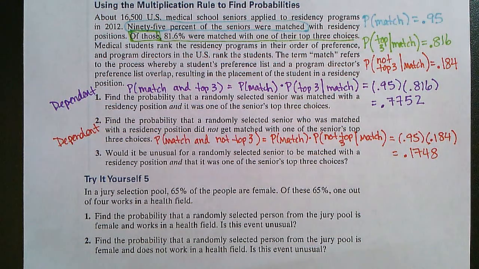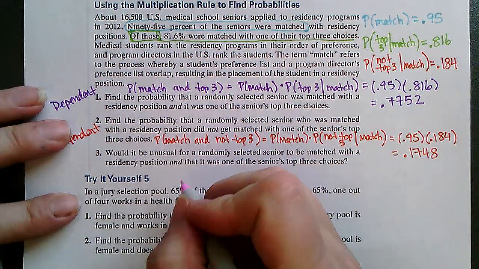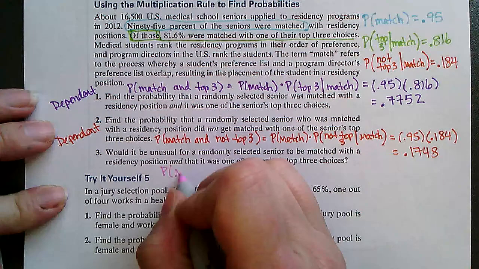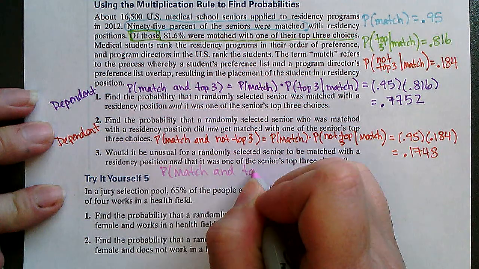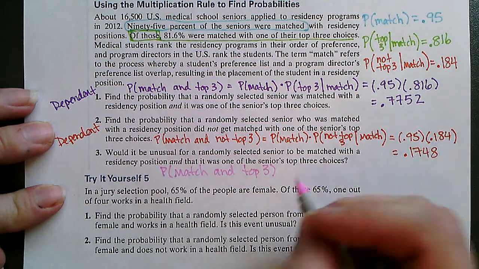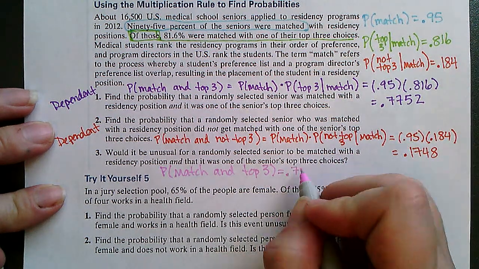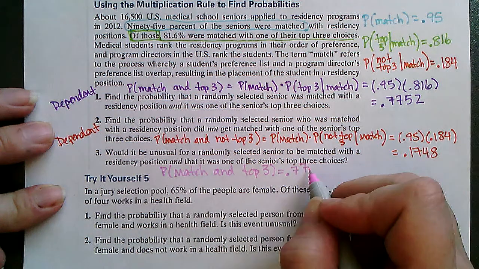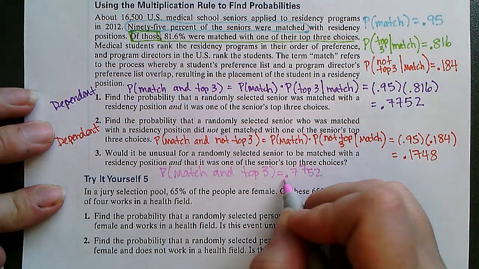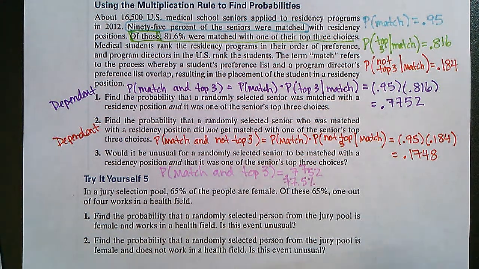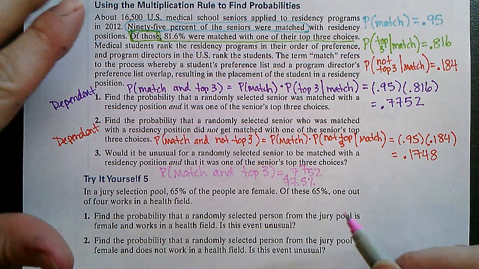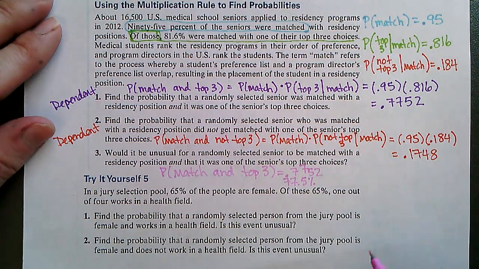So they're looking for the probability of getting matched and the top 3, which we've already figured out is 0.7752 or 77.5%. So remember that 77.5% of students get matched with one of their top 3 choices.